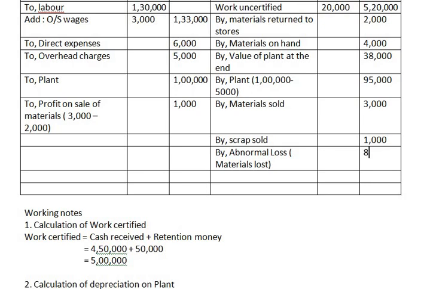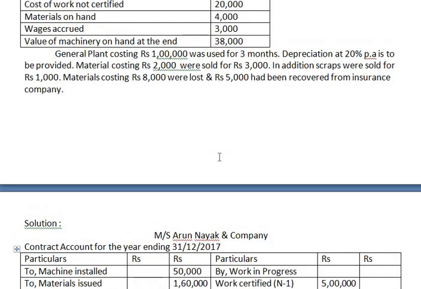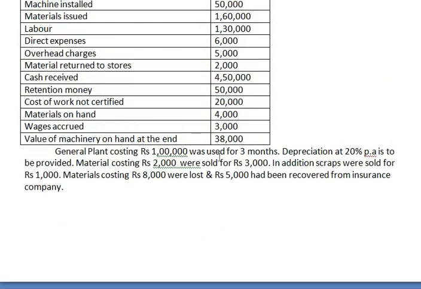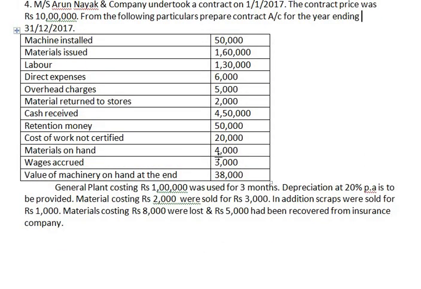Whatever money is recovered from the insurance company, we are not showing it in the contract account, but that has to be shown in the profit and loss account. Now go through the problem again. If anything is left out, we need to record it. Like we have taken everything.